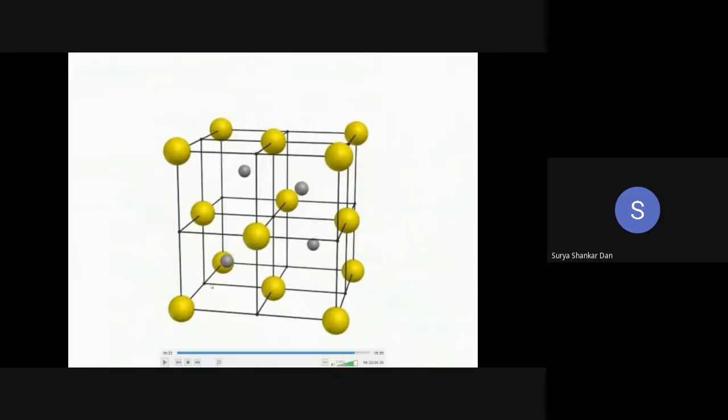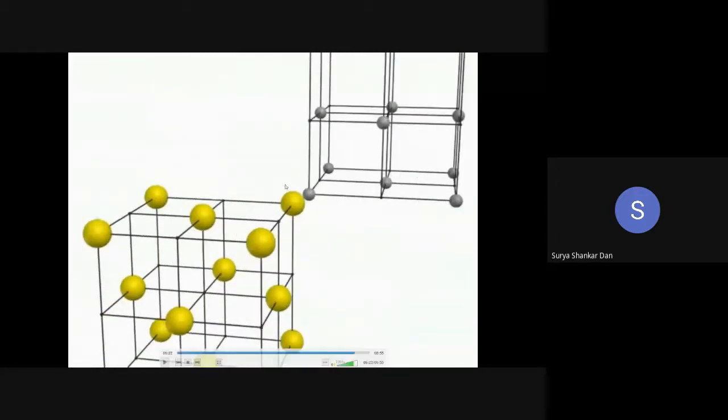Please keep in mind the impression that I want to make here: the gray atoms which you see over here, the 4 gray atoms, are part of another FCC which has come about. Please note, this is one FCC structure, and this is another one.